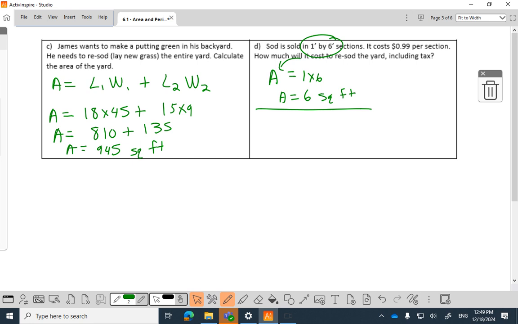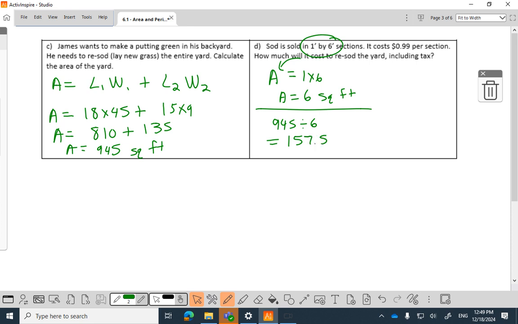If I multiply them, I get like 5,000. I'm not going to need like 5,000. Divide, yeah. So take 945 and divide it by 6, and I get 157.5.